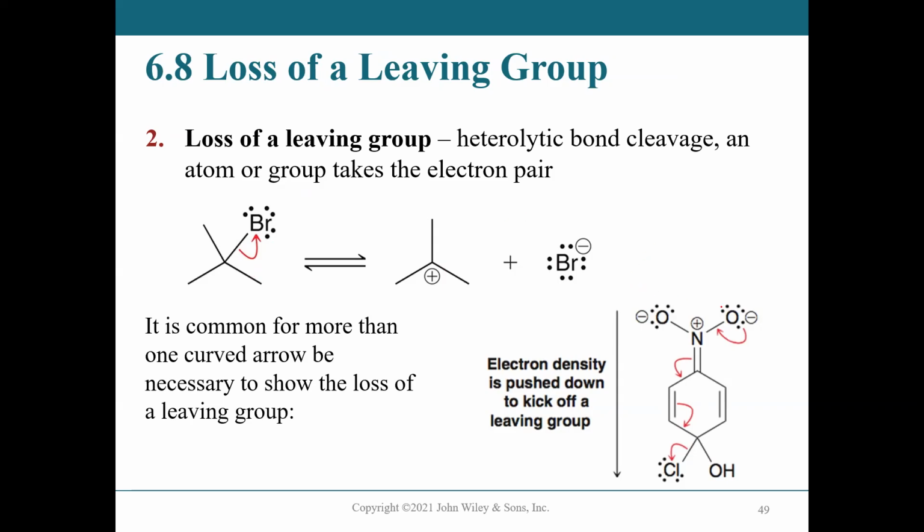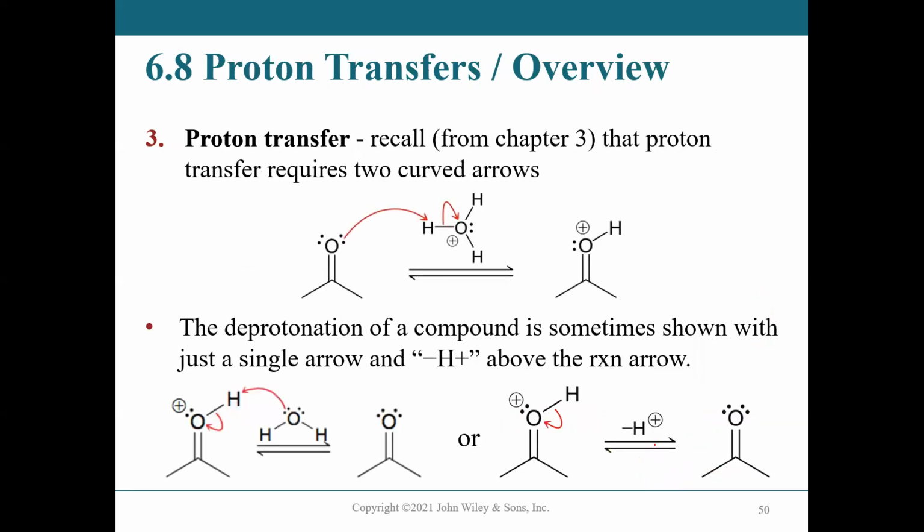You can also have the electron density start way up here and kick off that leaving group way down there. And they show you that with the arrow pushing. So this is just a quick review from yesterday. So hopefully this makes more sense today.